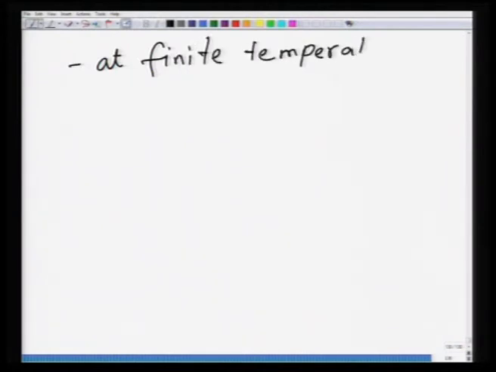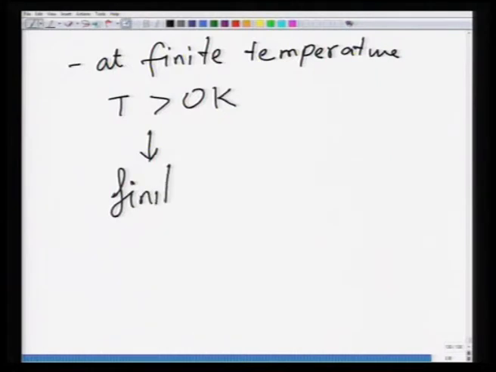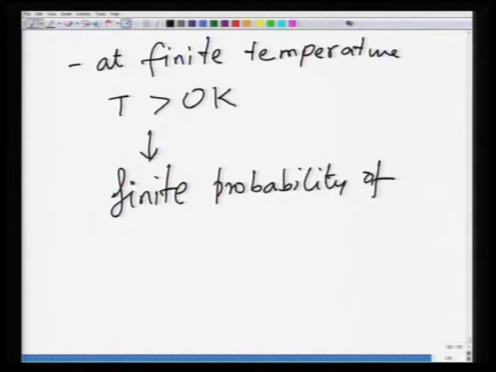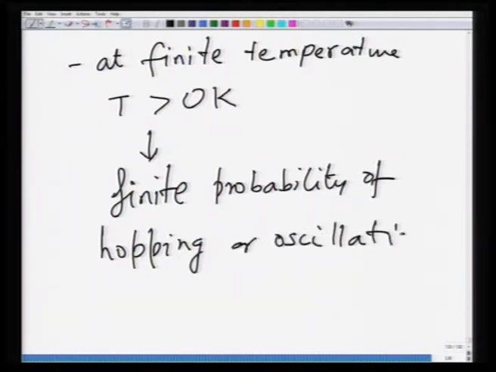So, at finite temperature T above 0 K there is a finite probability of hopping, or you can say oscillation. And how do you calculate this probability?